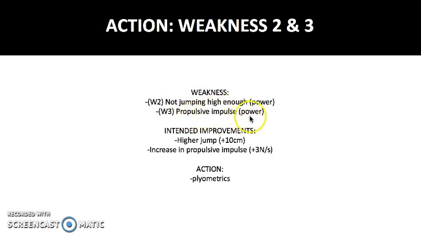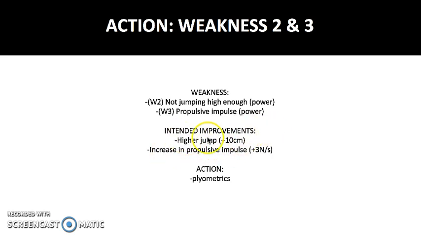Now propulsive impulse is obviously to do with power, and jumping, that vertical jump, is obviously also to do with power. So we can link these 2 weaknesses together and actually create an action plan that combines the 2 weaknesses and focuses on that improvement in power.